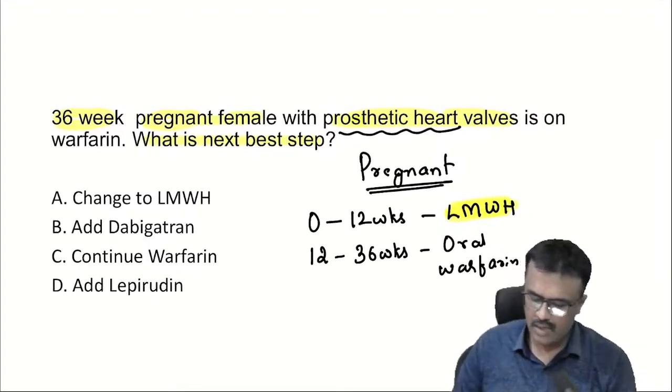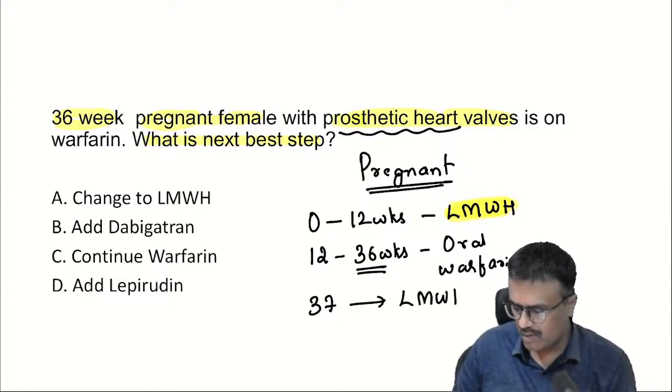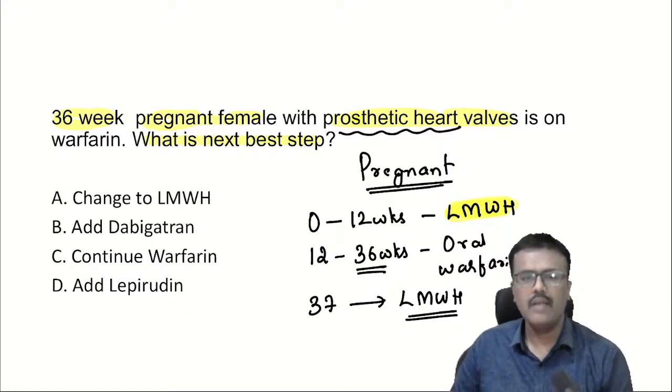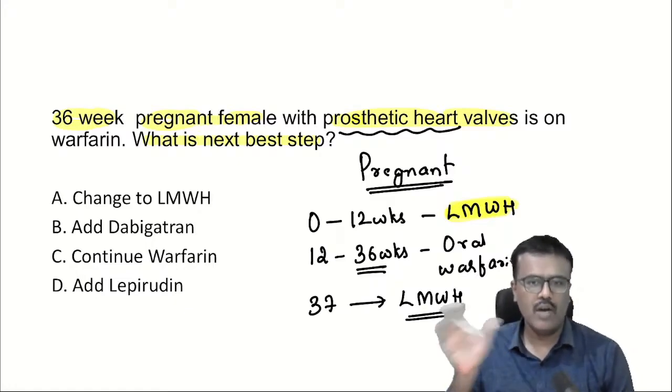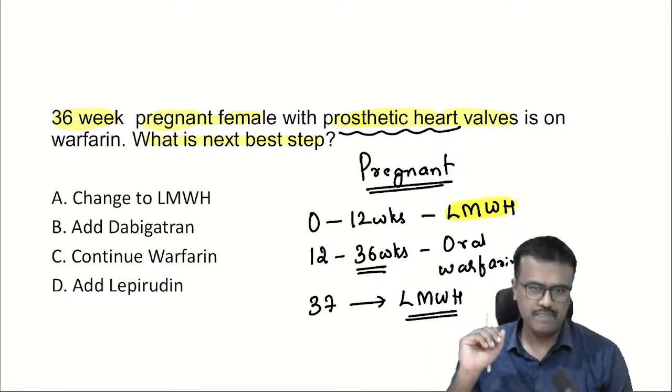Now, at the end of 36 weeks, that is at the start of the 37th week, we again shift the patient to low molecular weight heparin. The reason is warfarin is long-acting with a half-life of 40 hours. So if I don't stop warfarin, she may deliver anytime, and the bleeding risk is very, very high, postpartum hemorrhage.